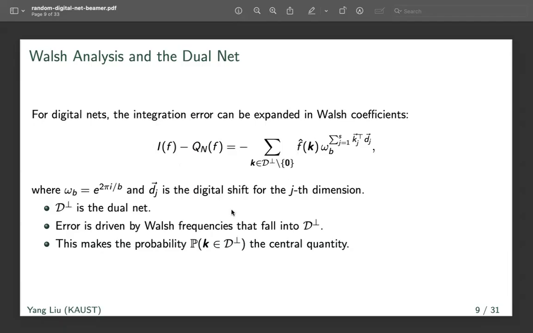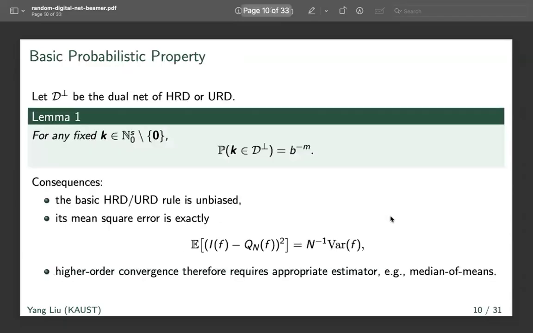Since we now have a randomized construction of the digital net, we need to study the probability that a given index k belongs to the dual net. Our result is that for the Hankel random design, for any fixed non-zero k, the probability of k being in the dual net is b to the power minus m. This is the same as in the uniform random design.